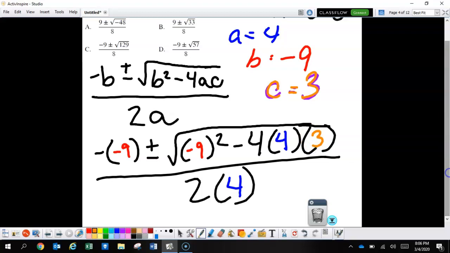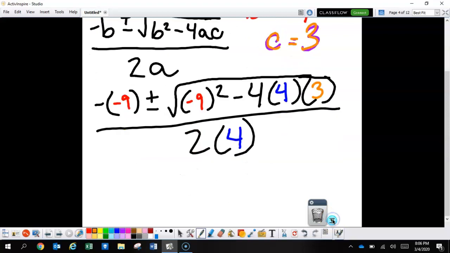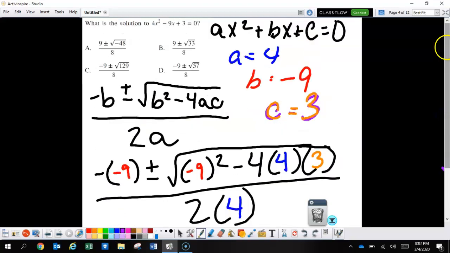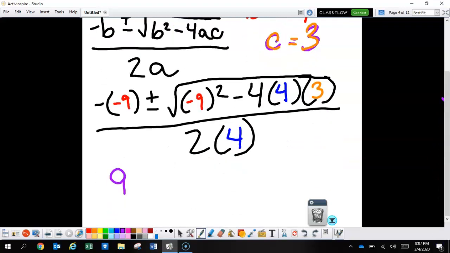Okay, so actually I did this one in class, so you should have this one done. I have negative 9, so that turns into positive 9. That means you can already get rid of C and D. So I have to just make sure that whatever's inside the square root adds up to 33.